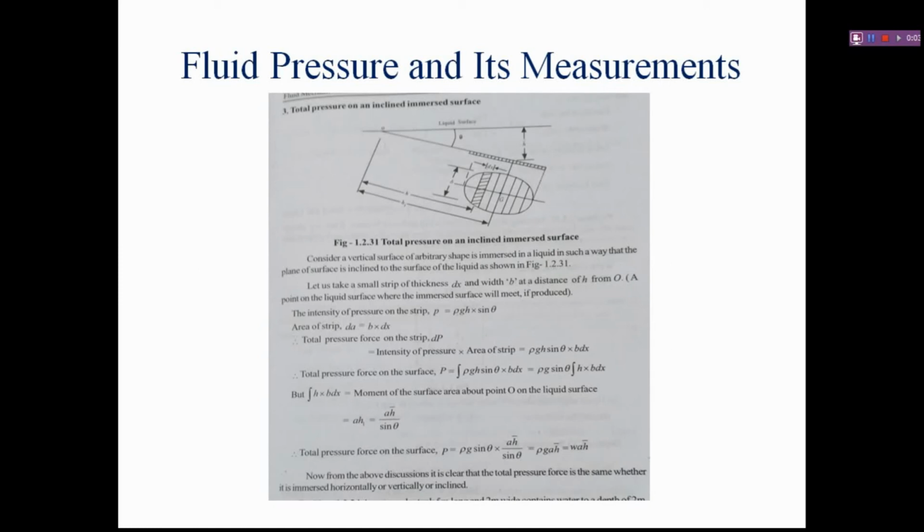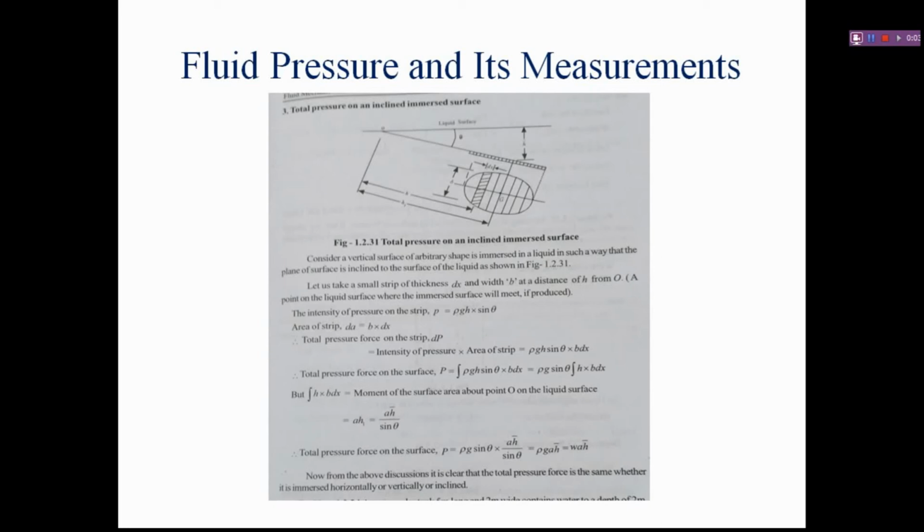A H1 is equal to A h bar by sine theta. H1 is h bar by sine theta. From the diagram we can see that H1 is the distance of the center of gravity of the total surface from the point O. If we construct a triangle like that, sine theta is equal to h bar by H1.